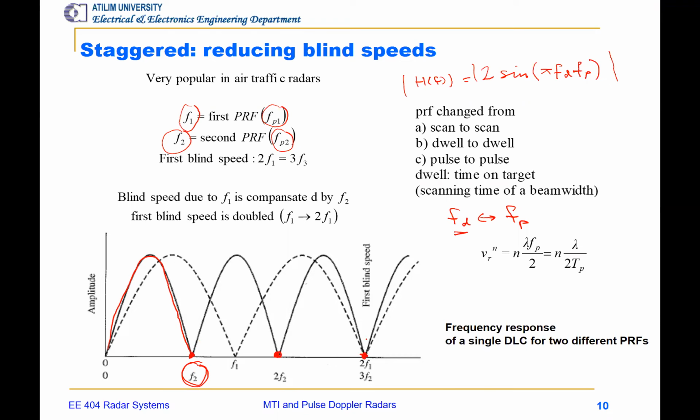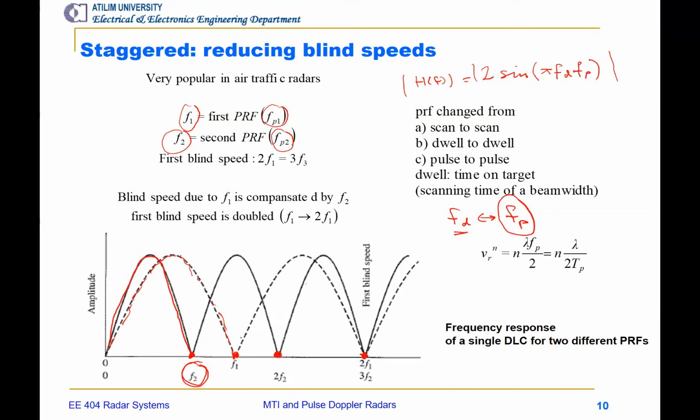Now, if we change the PRF, then the response, so the transfer function, will be changed, and we get this response here, where we got a blind speed at F1 here and 2F1 here.